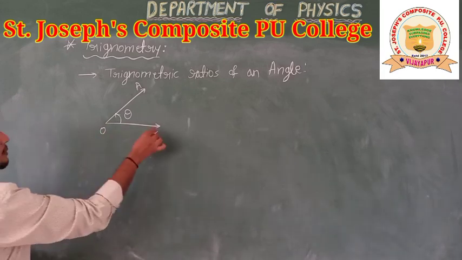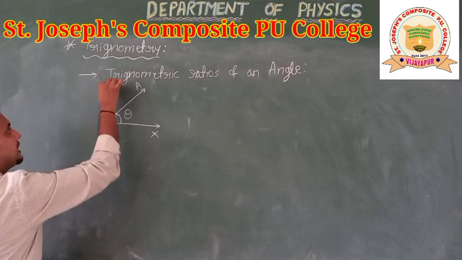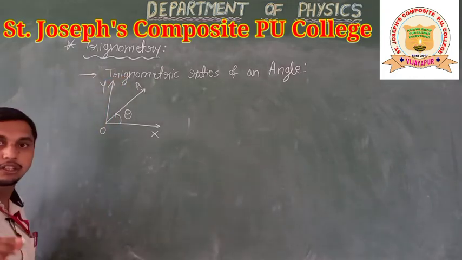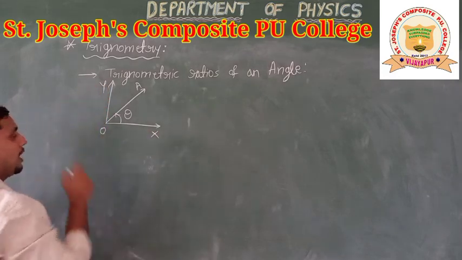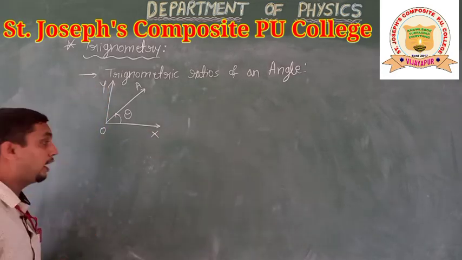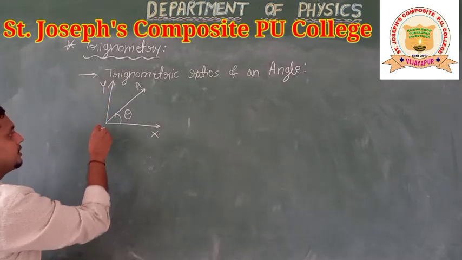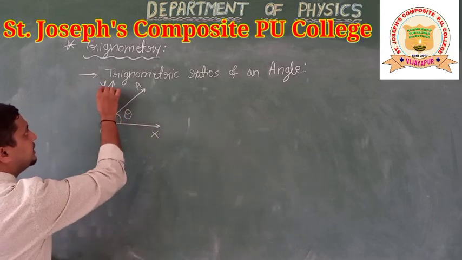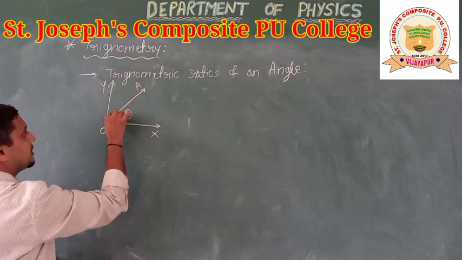Similarly, if I represent it in the x-axis and y-axis, rectangular coordinates, if I take this OX, y, and here A is there, this is the angle theta.